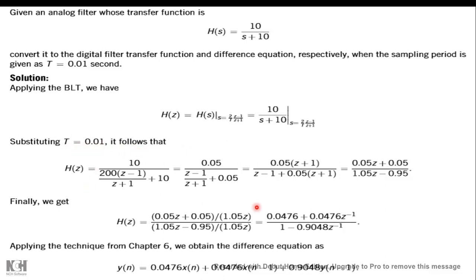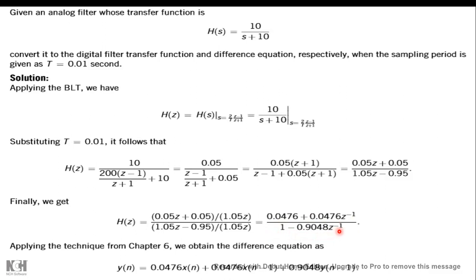We will finally get our transfer function equal to 0.0476 plus 0.0476 z raised to the power minus 1 divided by 1 minus 0.9048 z raised to the power minus 1.